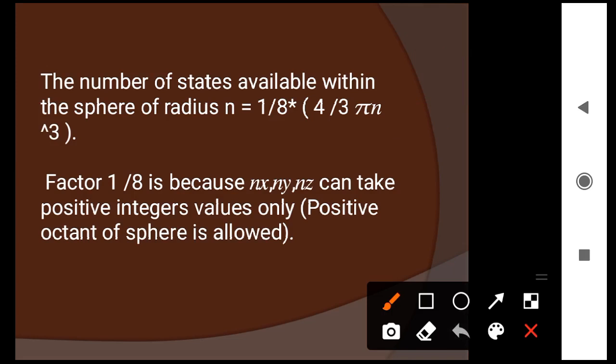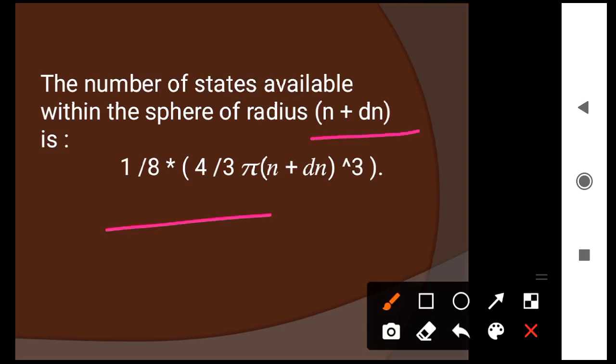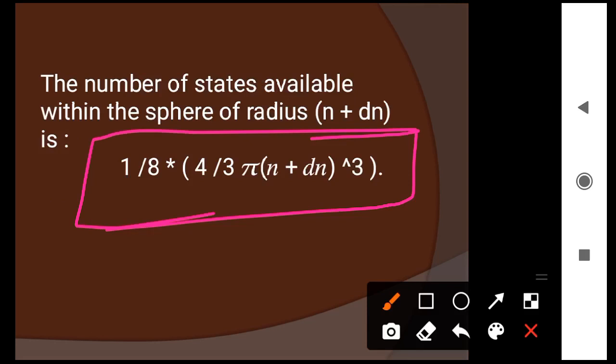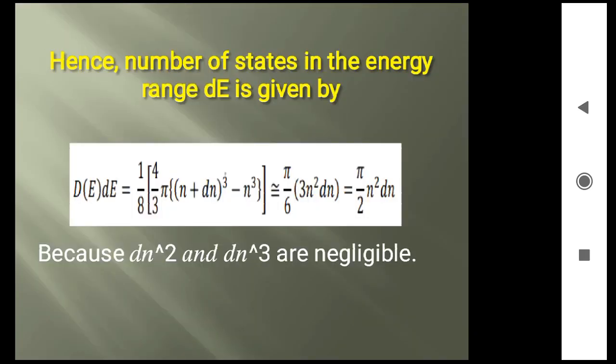When we take positive values only, we come to an octant. Similarly, the number of states available within the sphere of radius n plus dn is 1/8 into 4/3 pi, and here the radius is n plus dn, so (n plus dn) whole cube. Hence the number of states in the energy range dE.